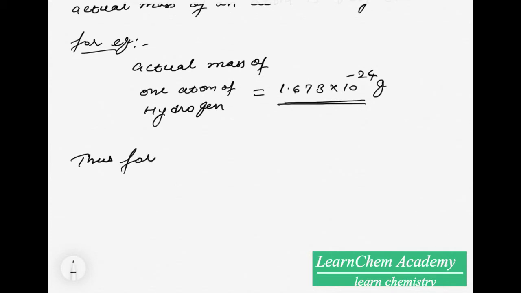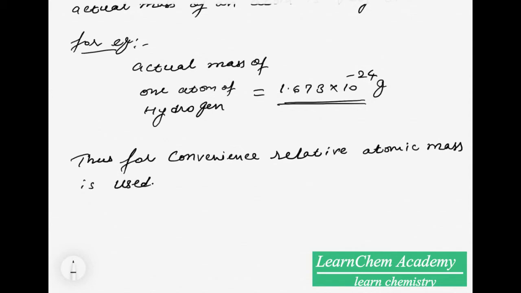Thus, for convenience, relative atomic mass is used.